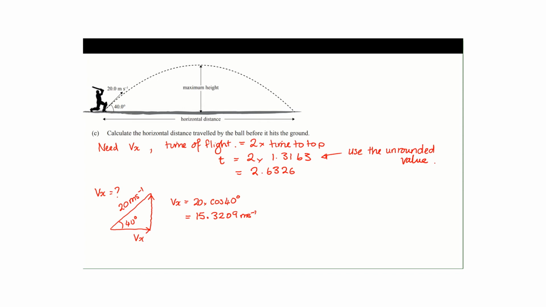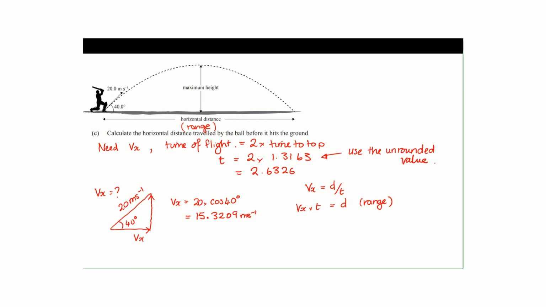So we've got the time of flight and we've got Vx now. We've managed to calculate both of those. We know that the velocity of x, because it is constant, equals distance over time. So the velocity of x times the time will give us the distance. Now this distance is actually the range. The horizontal distance is also known as the range.